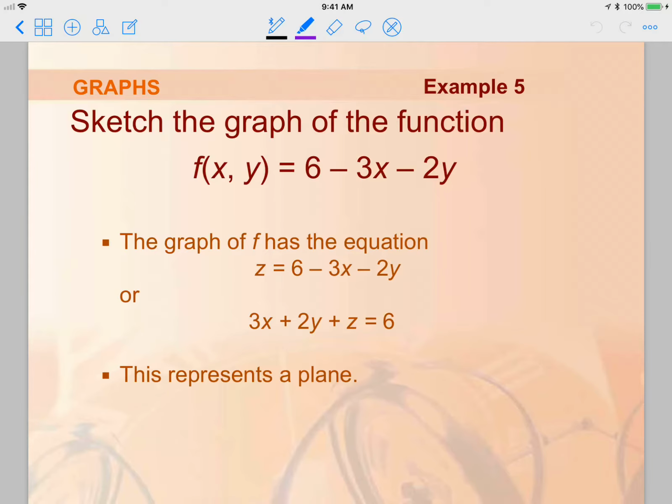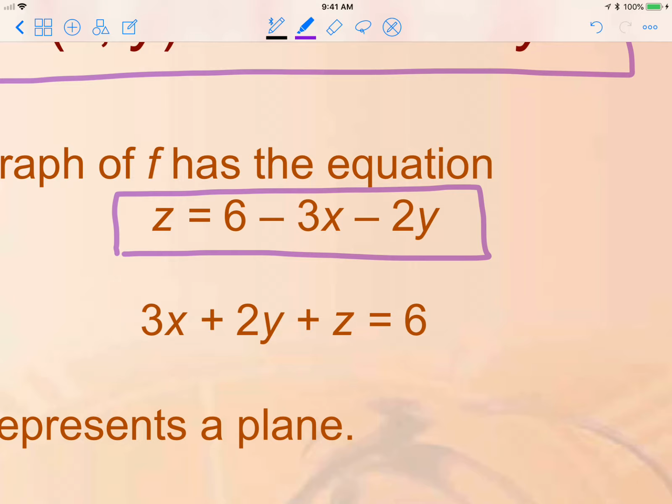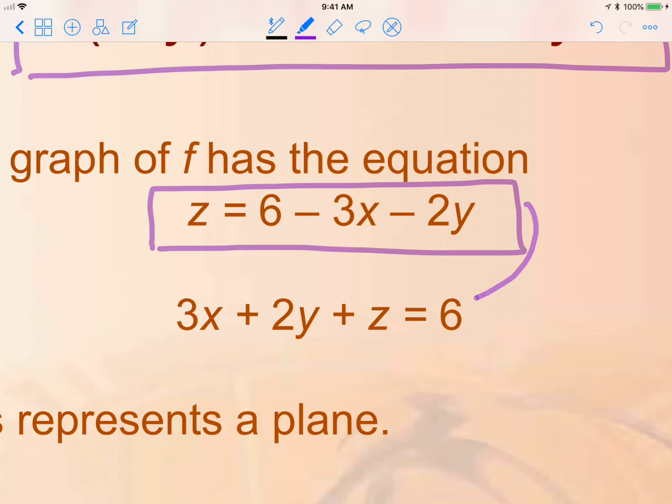Now let's sketch the graph of this function, f of x, y equals 6 minus 3x minus 2y. If we rewrite it as z equals 6 minus 3x minus 2y, then just by rearranging it, we get the equation of a plane.